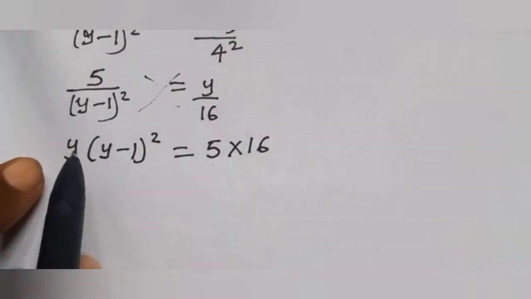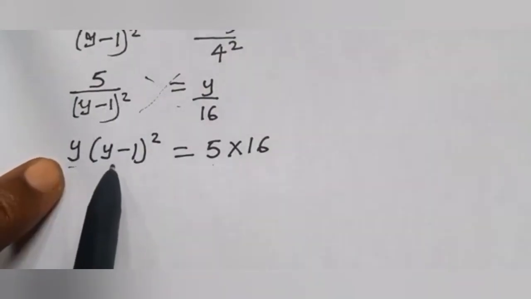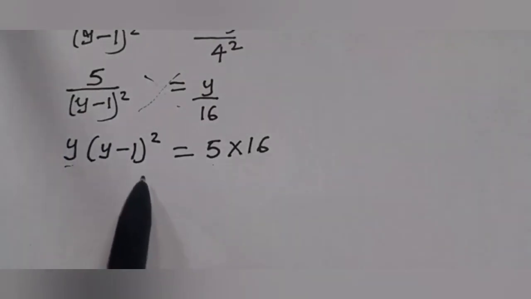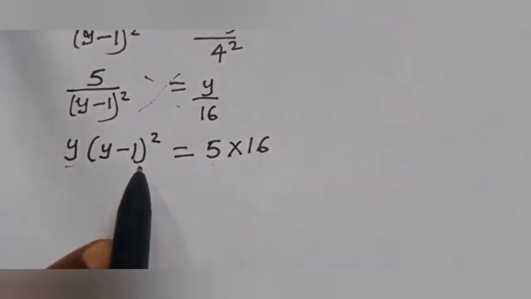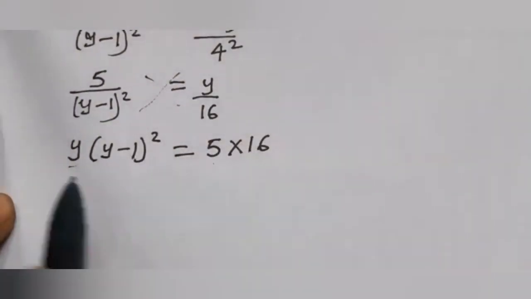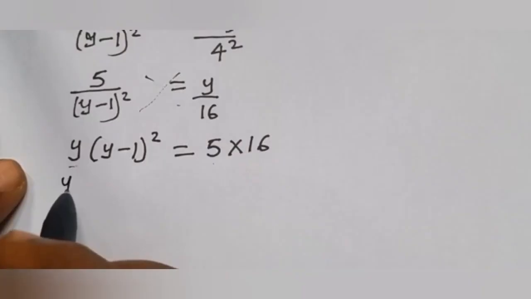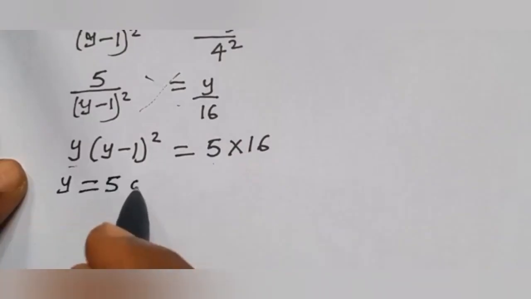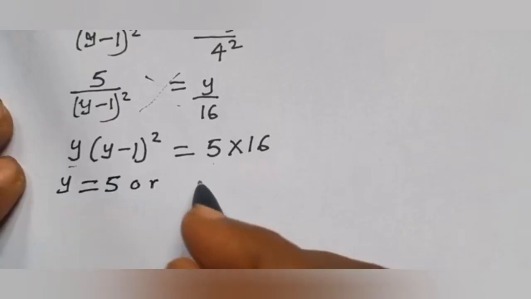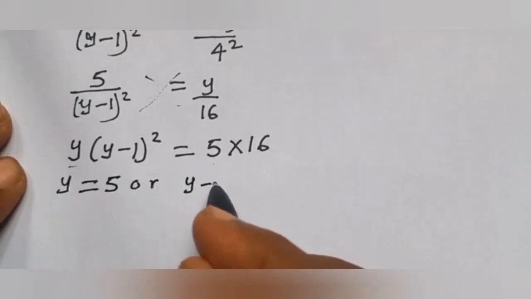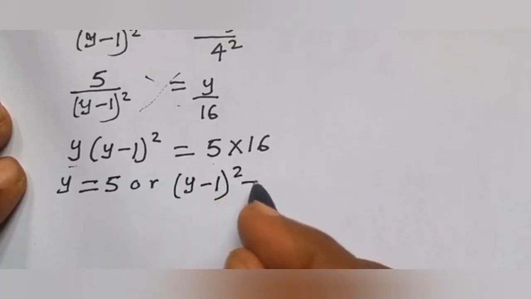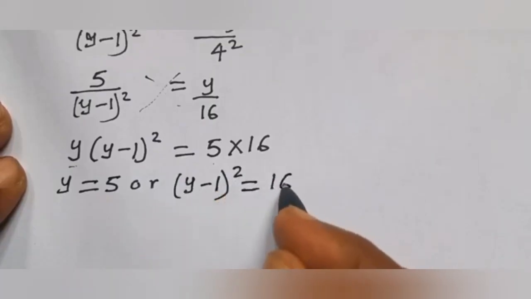Here we are going to have 16 minus 1, which is 15. 15 squared, the answer is not 16. So obviously here, we have y equals 5 or (y − 1) squared equals 16.